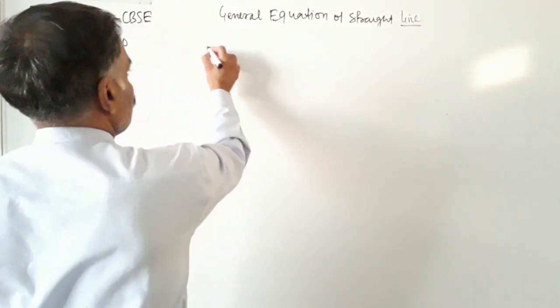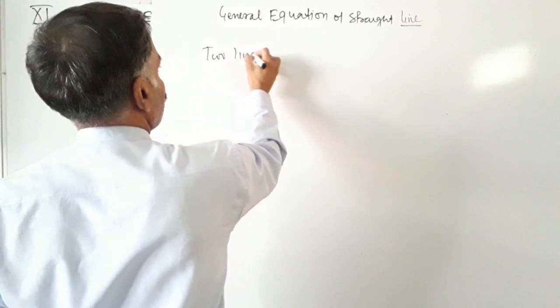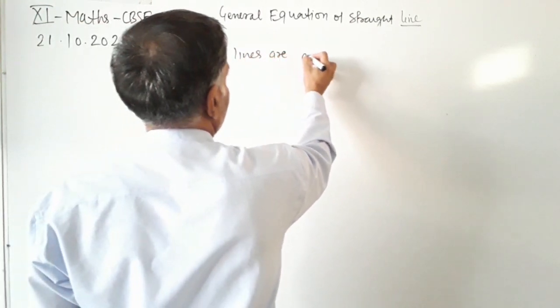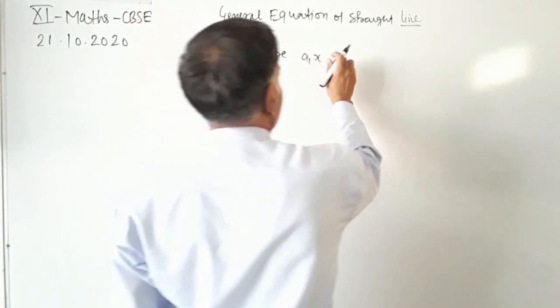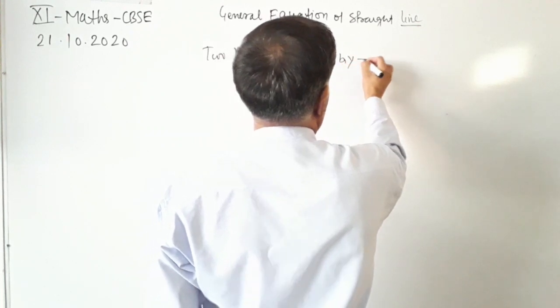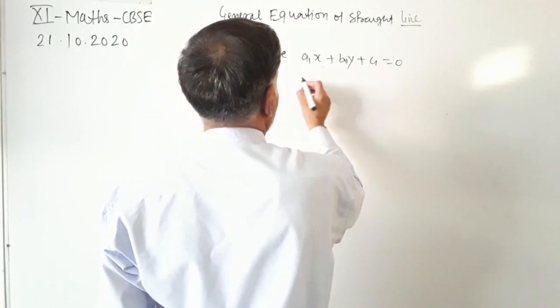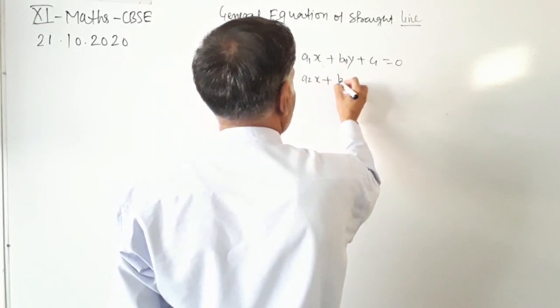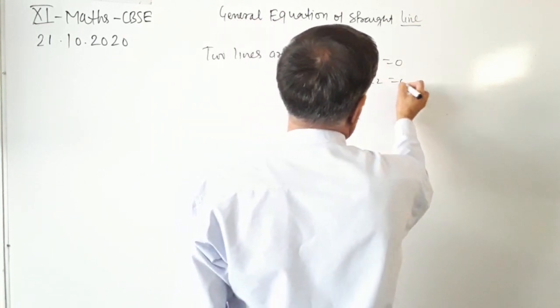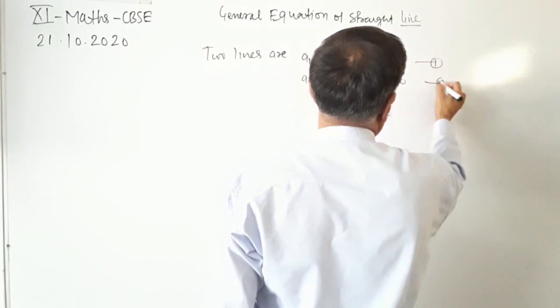Suppose that two lines are given as a1x plus b1y plus c1 equals 0, and the second line is given as a2x plus b2y plus c2 equals 0. This is the first line, this is the second line.